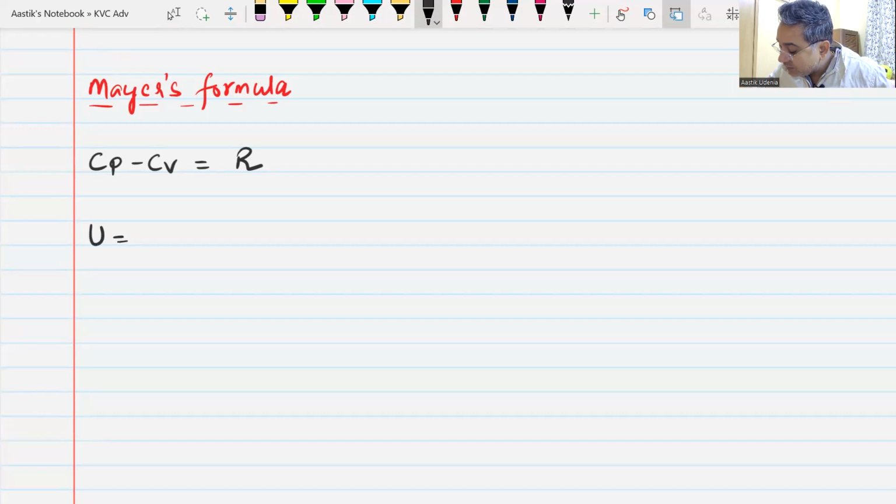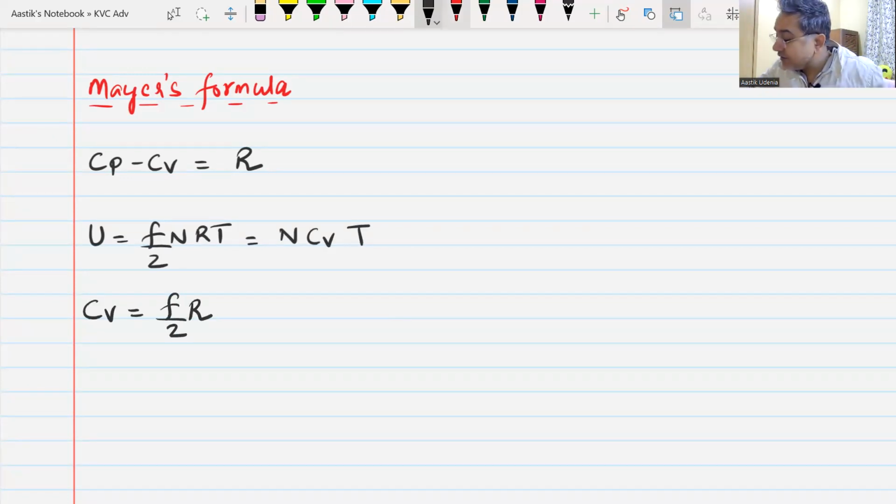Also, you have to understand that the total internal energy of the gas was written as f by 2 nRT. That can also be written as nCv into T. That means your Cv becomes f by 2 R. Apart from Mayer's formula, what is the relation between Cp and the degrees of freedom?